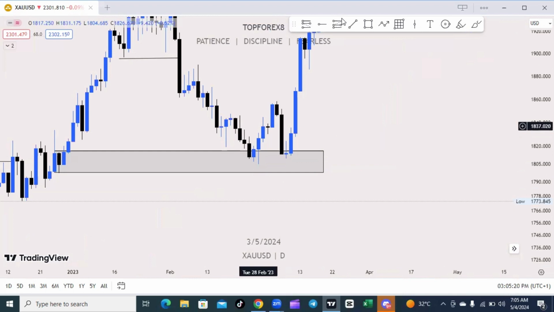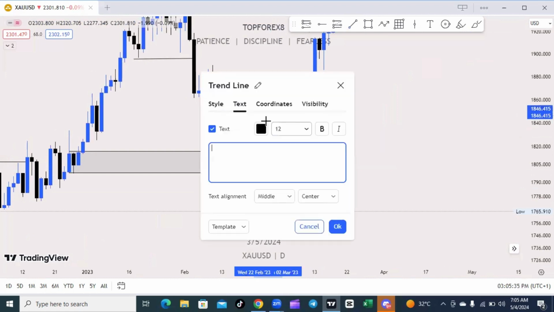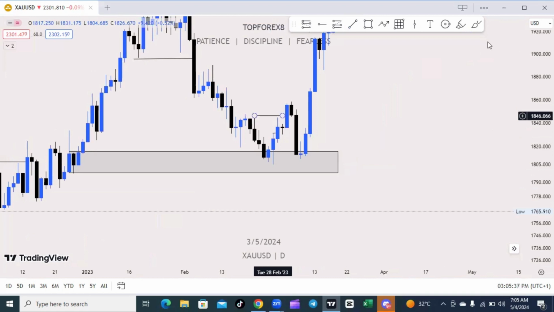This candle itself is the change of character. Instead of saying our change of character is here, maybe because you see this is the last, it's actually this candle. This candle takes this low, takes this high, and the market now breaks above it. This is where the change of character happens.